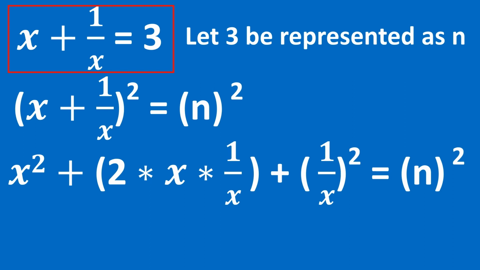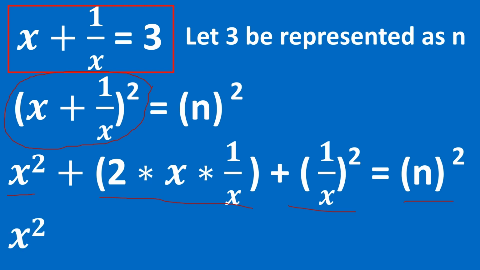Now, remember the expression where we have a plus b all squared is simply a squared plus 2ab plus b squared. And of course, that's what we have on the left-hand side, and we have n squared on the right-hand side.